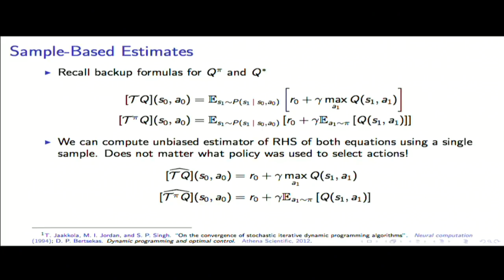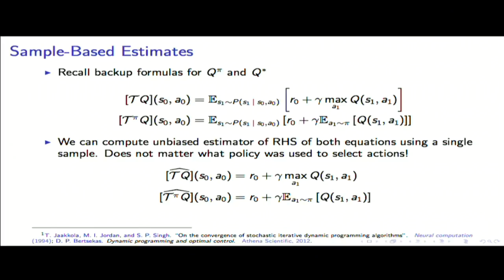The really nice thing about Q functions is we can write down an unbiased estimator for the right-hand side of these backup formulas. Notice that these backup formulas have an expectation over states. If we just have one state transition, that gives us an unbiased estimator of the right-hand side of these formulas. And it turns out these estimators are unbiased even if we executed some different policy to collect the states and the actions.